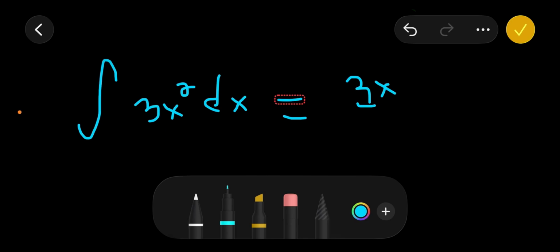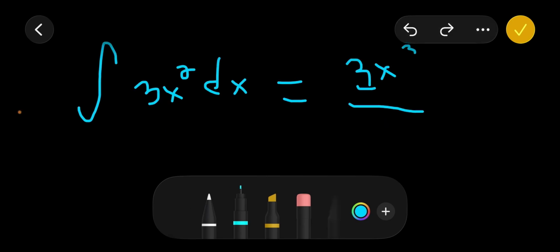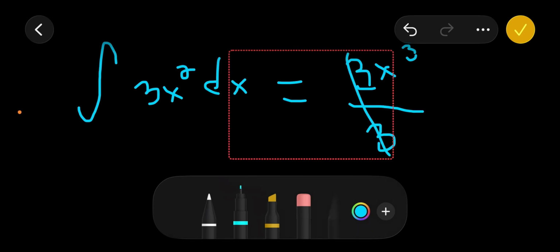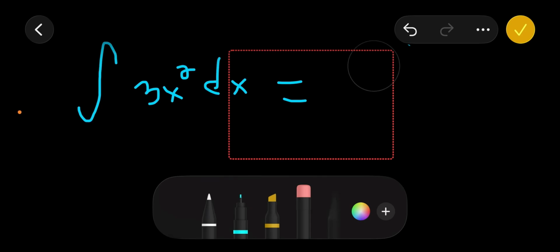Sorry guys, I just had to think. So remember, the rule was x to the power of n plus 1 divided by n plus 1. Well, we have 3x to the power of 2 plus 1, or just 3, or 3x cubed divided by 3. And the 3's cancel out and just give us our original function, x cubed.